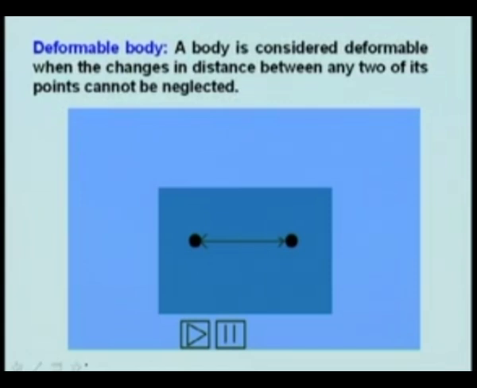A body is considered deformable when the changes in distance between any two of its points cannot be neglected. Imagine that this is made of rubber, and there are two particles. If you apply the force, then the distance between these two particles changes. Suppose this particle is here, after the application of the force it can be here, and therefore this body is a deformable body.